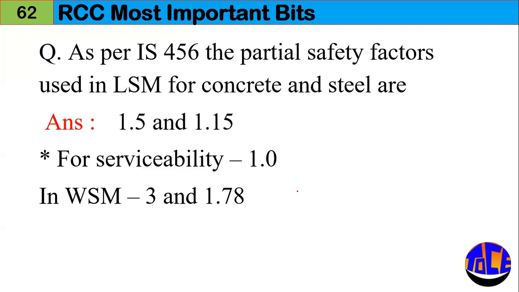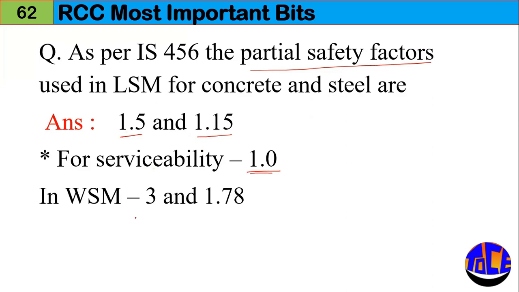Question number 62, as per IS 456, the partial safety factors used in limit state method for concrete and steel are: for concrete it is 1.5, for steel it is 1.15, whereas for serviceability we will be taking 1 as the partial safety factor.